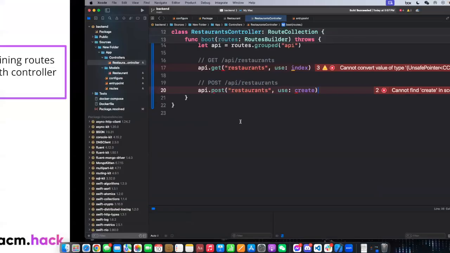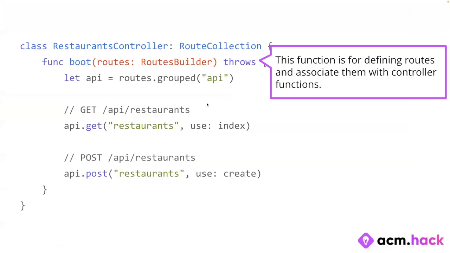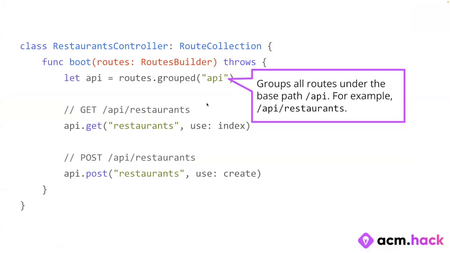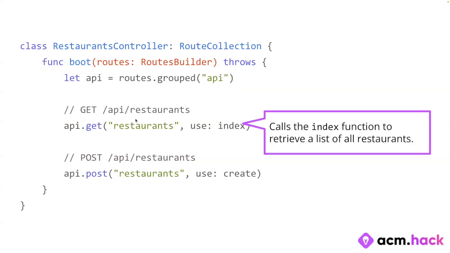All right, so that was the first part of our controller. And again, just to go over everything: the first statement, the let API routes group, groups all routes under the base path /API. So I have /API/restaurants, and maybe I'll have more routes, but they all have the same starting /API.